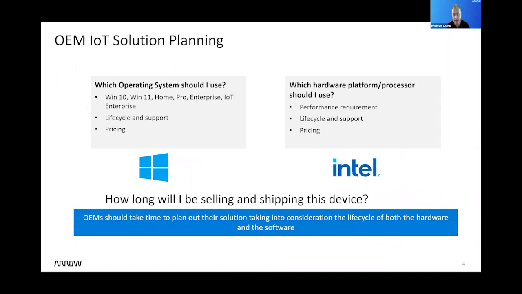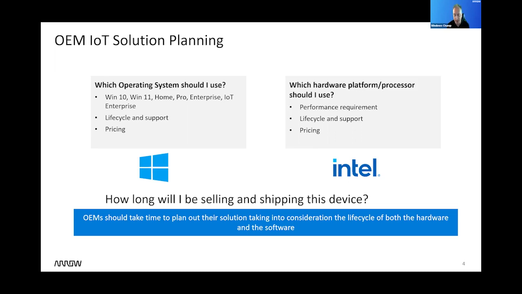The most important thing to do is to plan. Take the time to sit down and plan out not only your operating system, but your hardware. A lot of times we run into OEMs who just run out and buy a computer system that's already configured, that may come with Windows 10 Pro. And then they find out a few months later that the hardware they've purchased is already obsolete, and that the Windows 10 Pro build on the system is also already out of date and out of support.